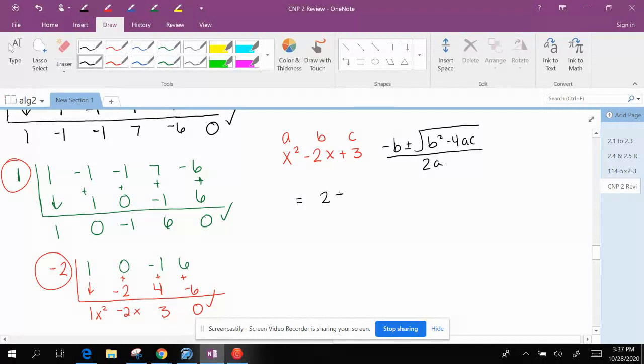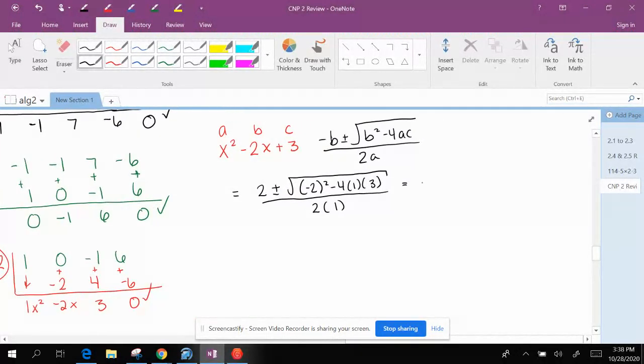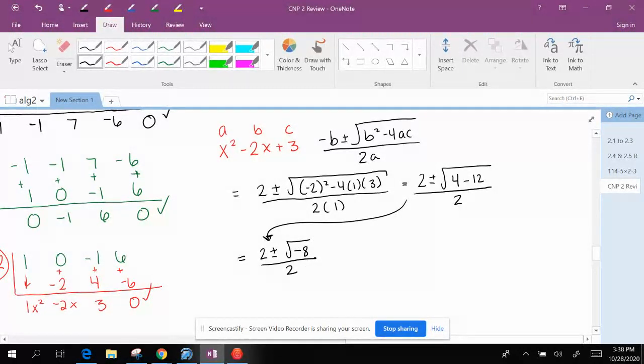Opposite of B is positive 2, plus or minus the square root of negative 2 squared minus 4 times A times C, all over 2 times A. Simplify. I get 2 plus or minus the square root of 4 minus 12 all over 2. Keep simplifying. 2 plus or minus the square root of negative 8 all over 2.